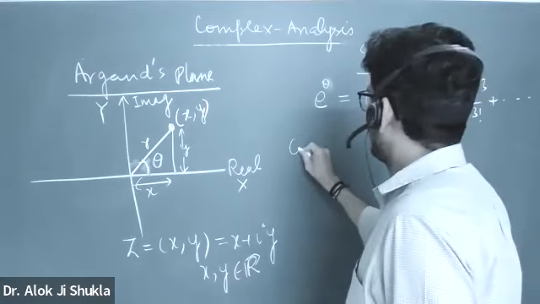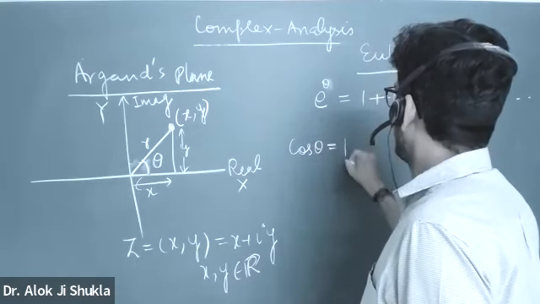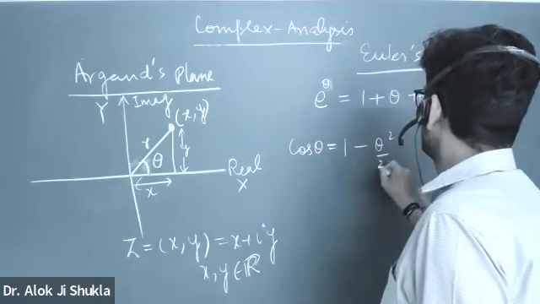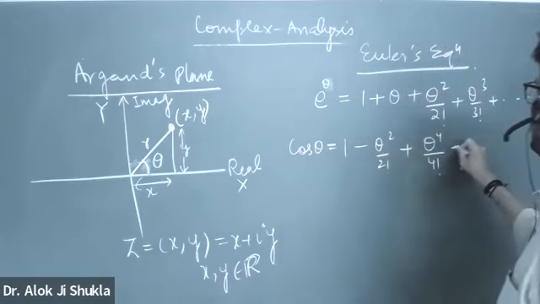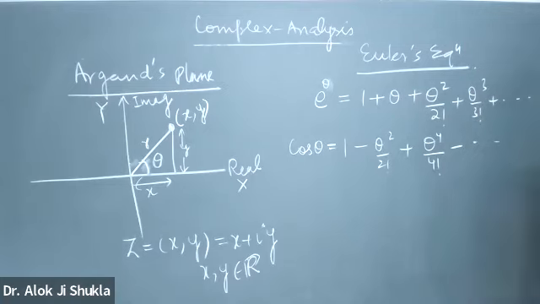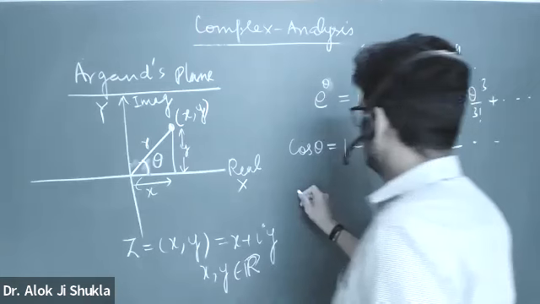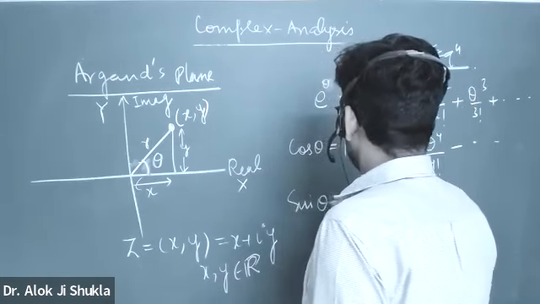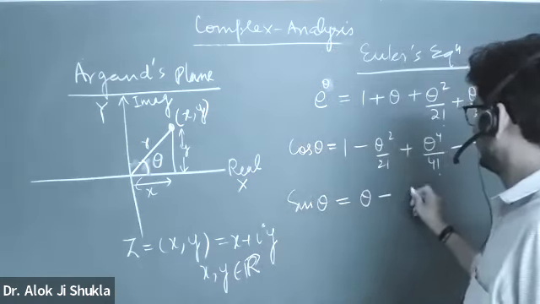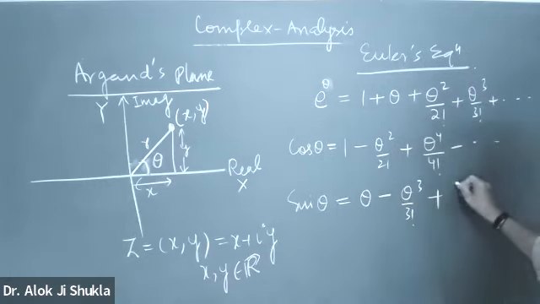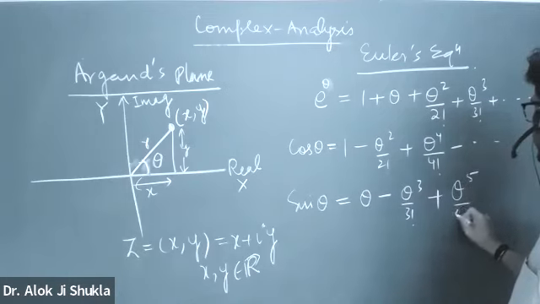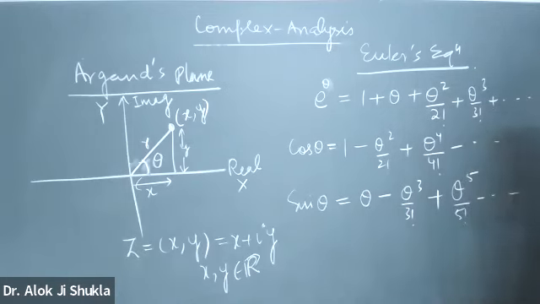Also, cos of theta is equal to 1 minus theta square by 2 factorial plus theta to the power 4 by 4 factorial minus dash dash dash. These are the series of sine, cosine, and this we already know. Sin theta is theta minus theta cube by 3 factorial plus theta to the power 5 by 5 factorial minus dash dash dash. ये सारी चीजें हम जानते हैं.